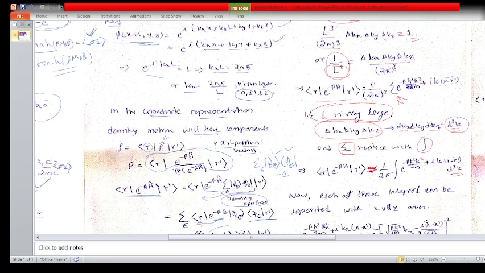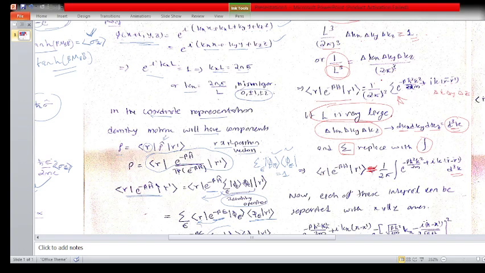I think I have missed that value here. Delta kx delta ky delta kz, that term also will be here, delta x delta y delta z, since I have to substitute 1 by L cube.